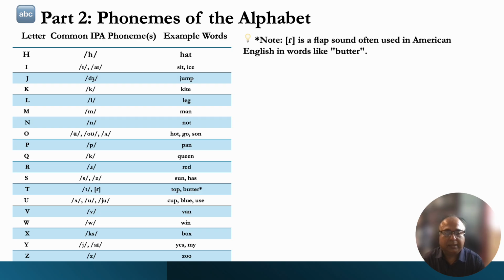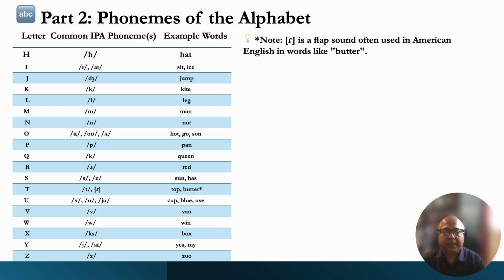S is S or Z, sun and has. T is top and butter. U has three phonemes. U as in cup, blue, and use. V is V as in van.